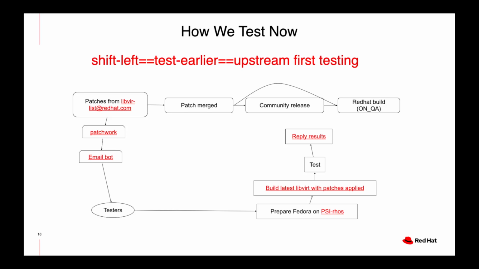Then certain test cases are selected and executed. Finally, results will be sent out. So in summary, particular to Libvirt QE, our shift left practice is to move many more test cases into the upstream and execute them on the upstream code.